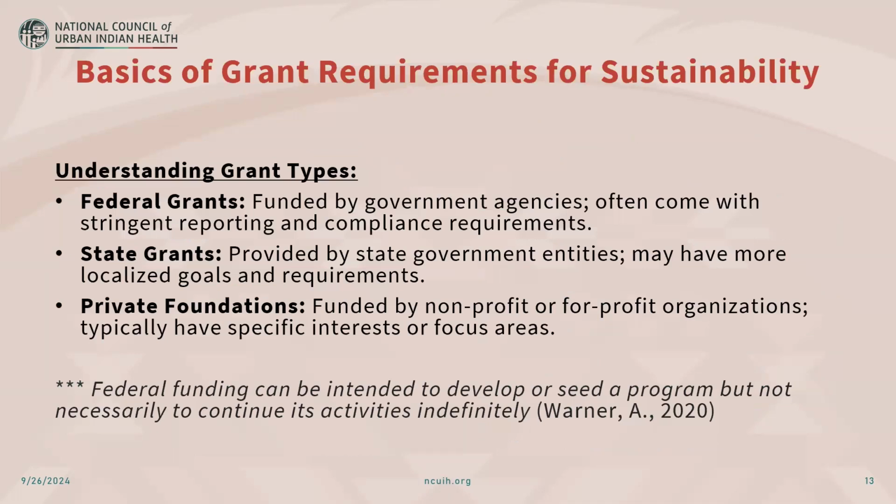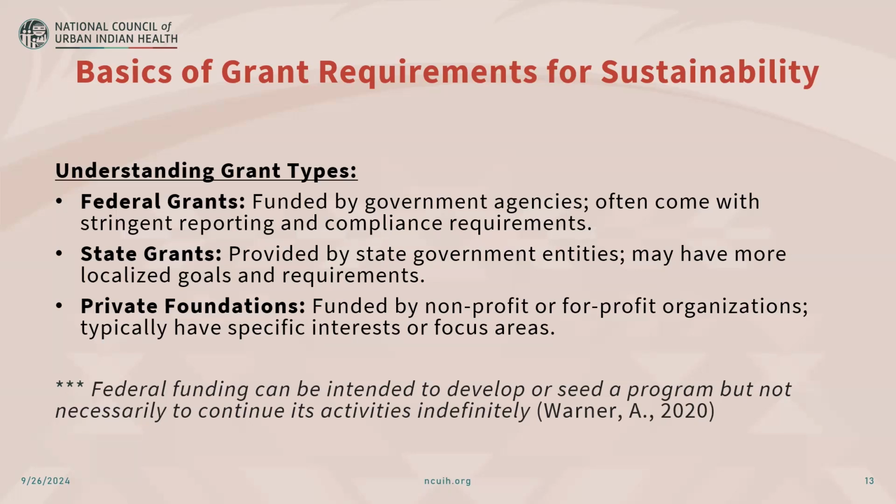We're going to talk briefly about the basics of grant requirements for sustainable efforts, which is really important for our awareness. If we are not already aware, there are primarily 3 main types of grants: federal, state, and private foundation funded. Some of these come with stringent reporting and compliance requirements.